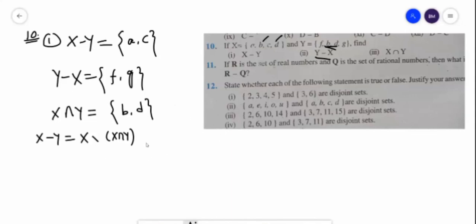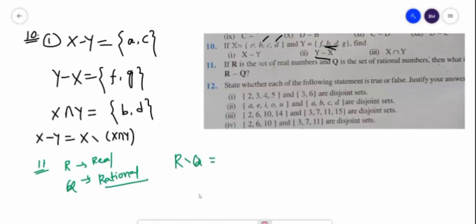Next, number 11. It is given that R is the set of all real numbers, and Q is the set of all rational numbers. So what will be the set R minus Q? In some books you can see that the difference is also written like that.